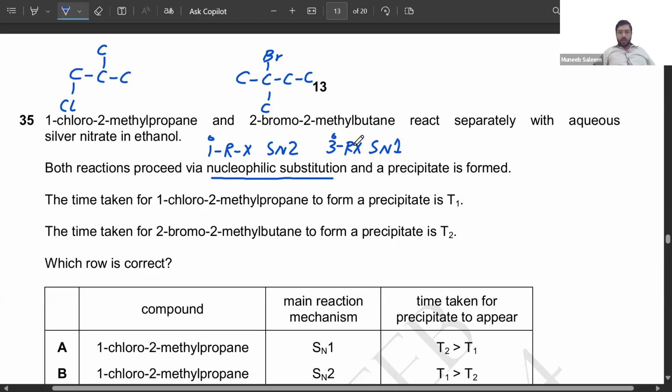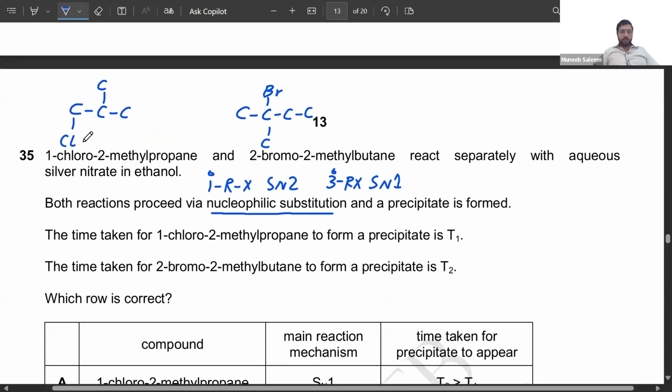So tertiary haloalkanes have the SN1 mechanism in which two steps are there. The first step involves the removal of the halogen, a slow step, and the second step involves the addition of the nucleophile, a fast step. So we can now look at the structure.